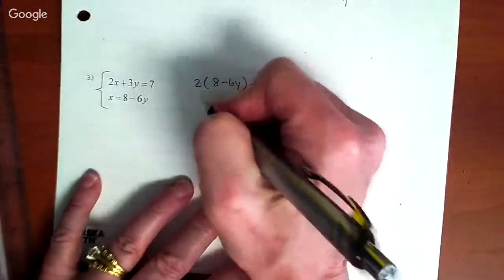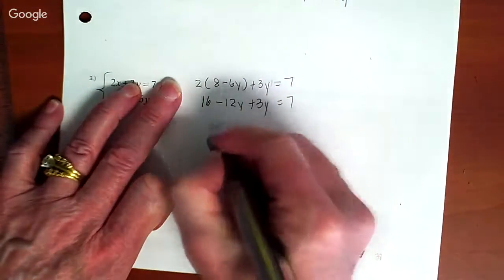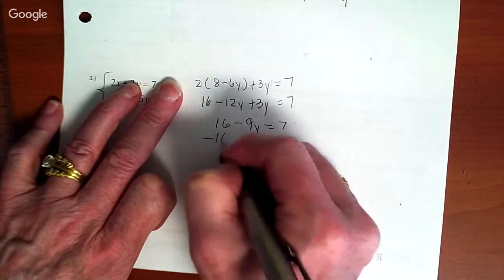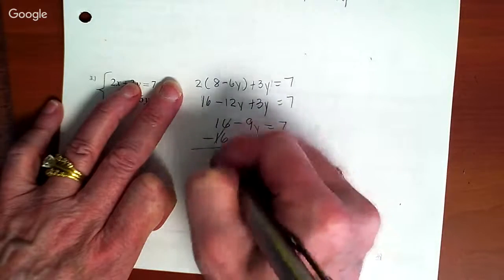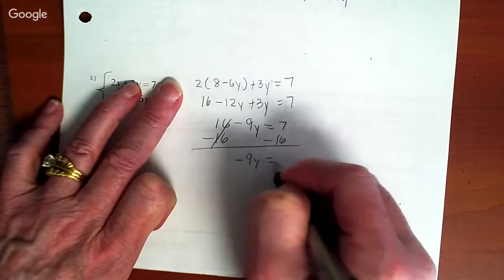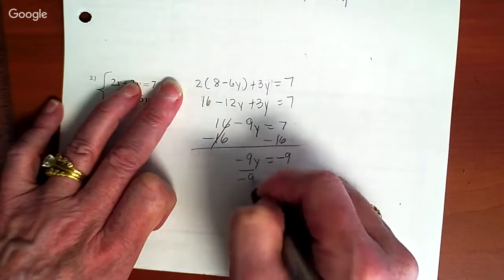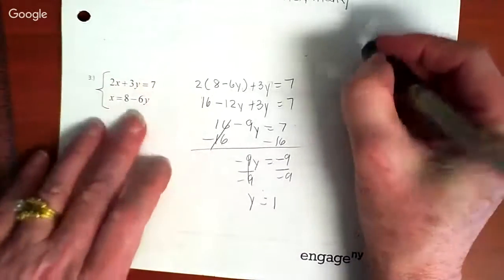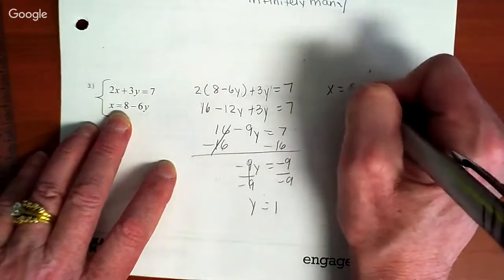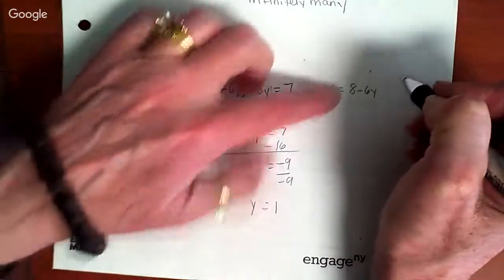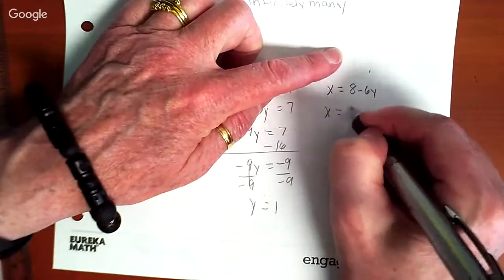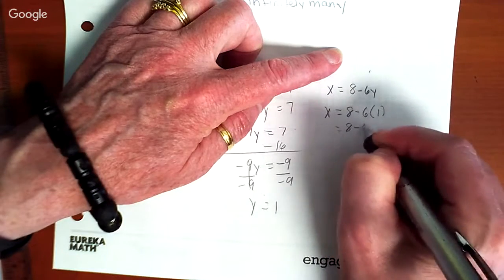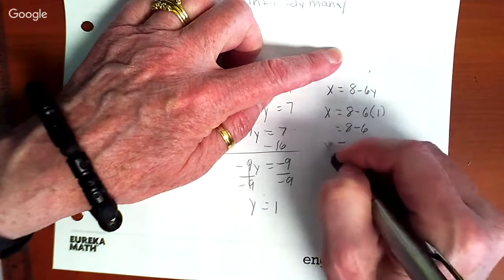Making a mess of this today. All right, so 16 minus 9y equals 7 minus 16. So minus 9y equals minus 9. y equals 1. So x equals 8 minus 6y. x equals 8 minus 6 times 1. 8 minus 6. So x equals 2.